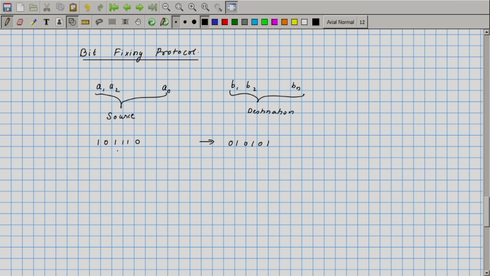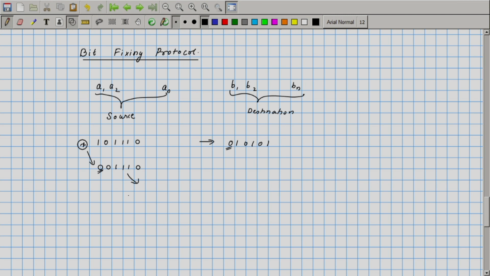The way we will send it to this particular destination is by fixing one bit at a time. So, let us say the packet is initially at this point, the packet is immediately sent to 0 0 1 1 1 0. Okay. So, now the first bit position matches.